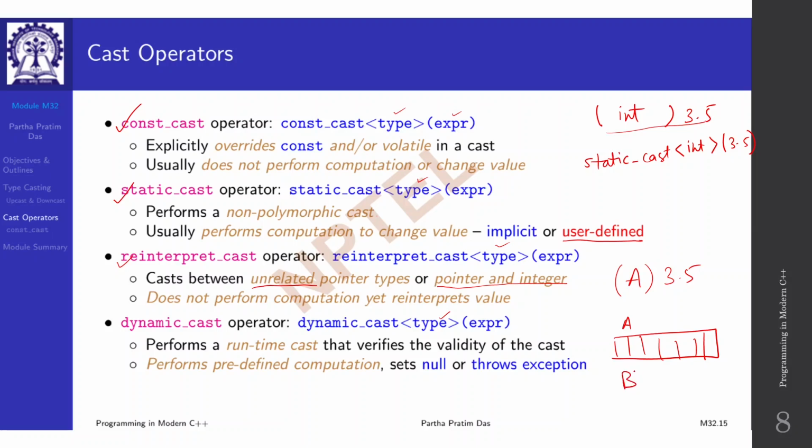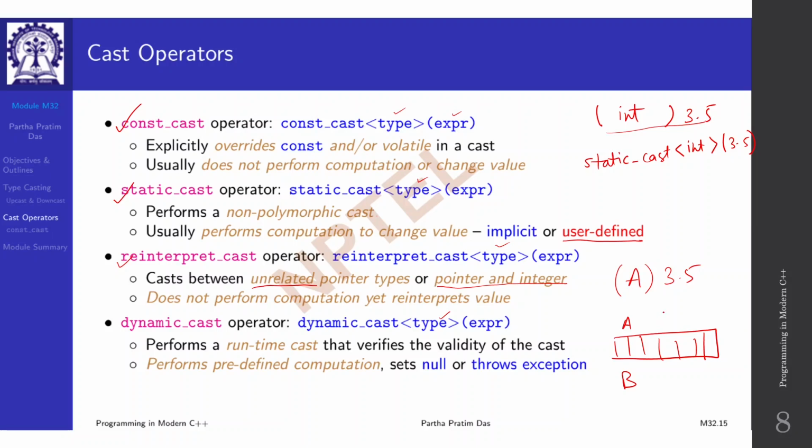So obviously if a and b are unrelated then there is no match, and if a is a valid object then b might be completely gibberish. But sometimes in low level code it is required, or it is helpful to do that, but usually such code is machine specific.